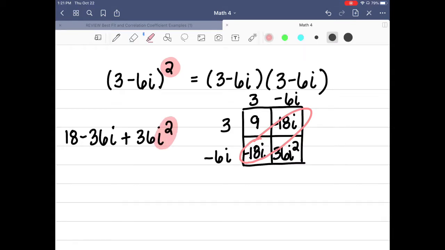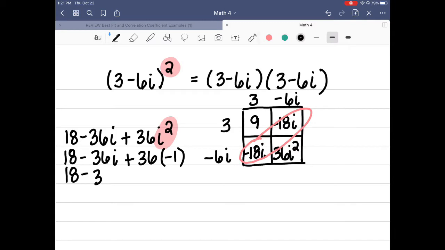We're going to take i squared and substitute in negative 1. And when I reduce that, that's going to give me 18 minus 36i minus 36. So if I take 18 and I subtract 36, that's going to leave me negative 18 minus 36i.